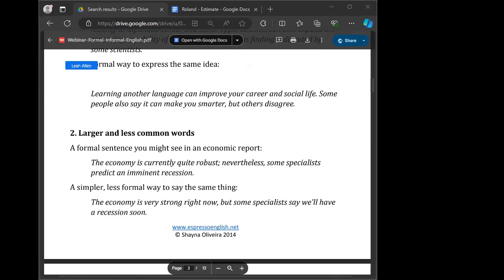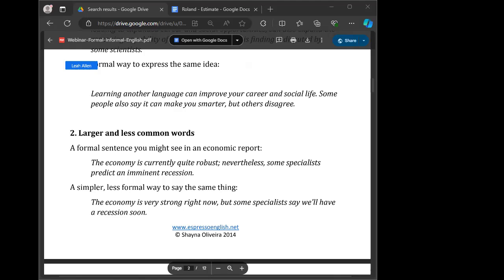Okay, so notice that they simplify the language. So for example, instead of saying currently, it was simplified to right now. Quite was simplified to just very, and robust was simplified to strong. Nevertheless was simplified to but.